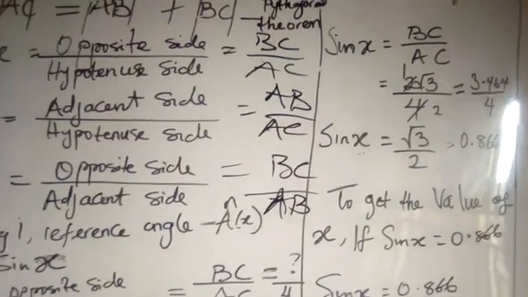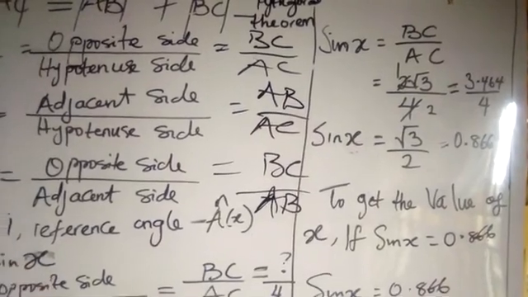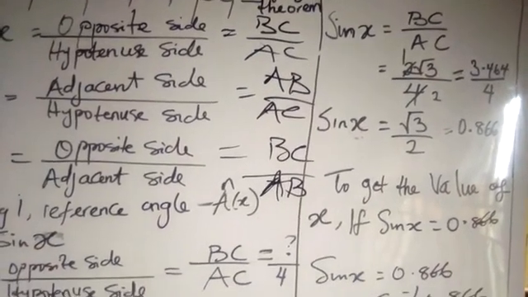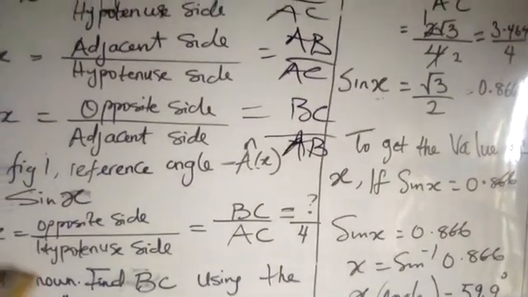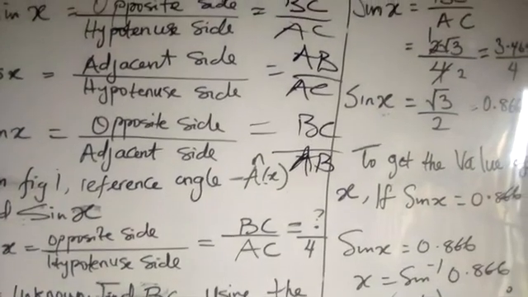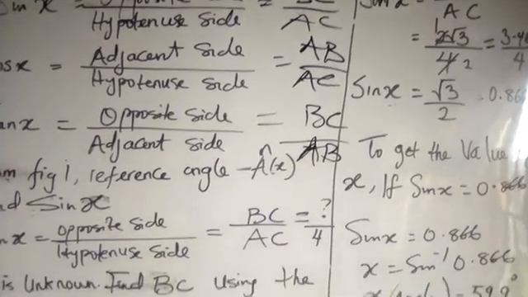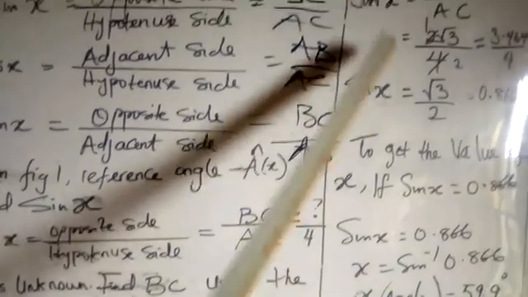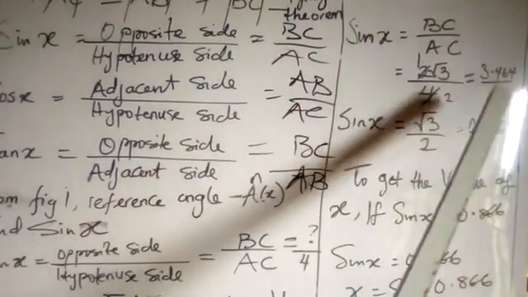Don't forget that the real question we are solving is for us to find sine x. But because we need BC from the triangle given to us, for us to be able to solve sine x, which BC is the opposite side, then definitely that's why we have to find BC first. Now let's go into the ratio: sine x is equal to BC over AC.